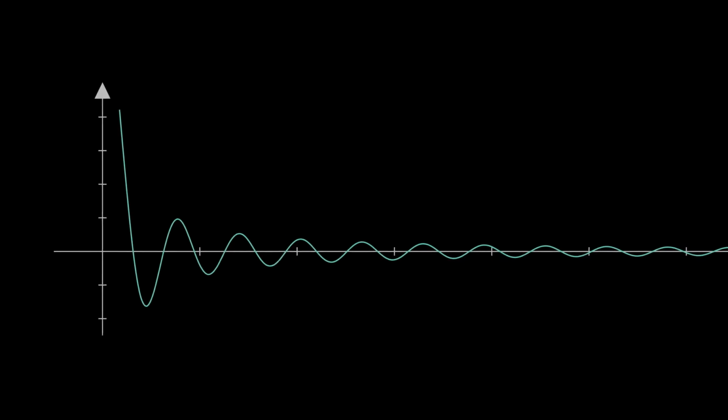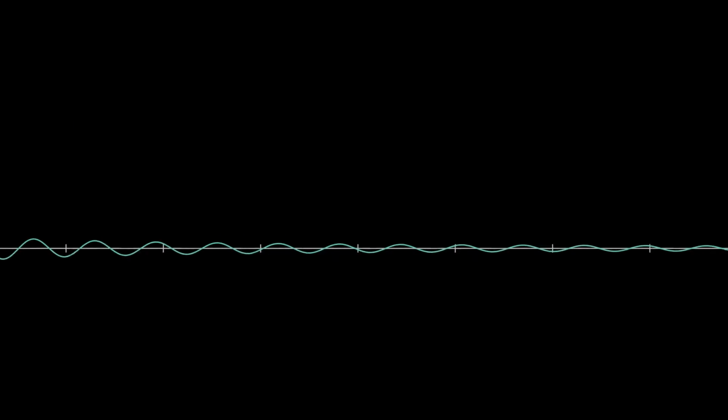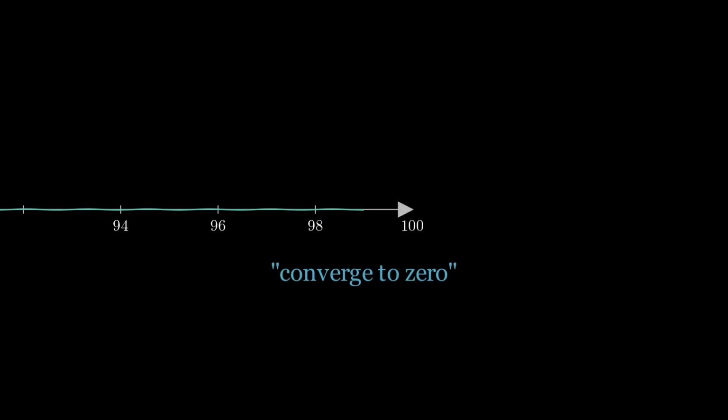So it means it converges to the number 0. Therefore, we call this sequence a convergent sequence because it converges to 0. However, it does not need to be only 0. It can be any number on the y-axis depending on where the line goes.